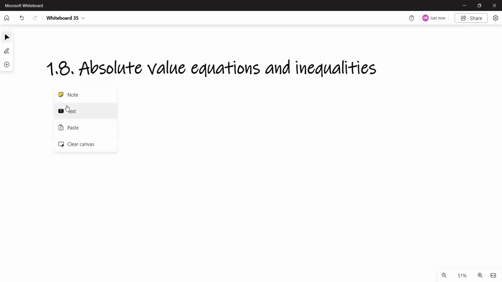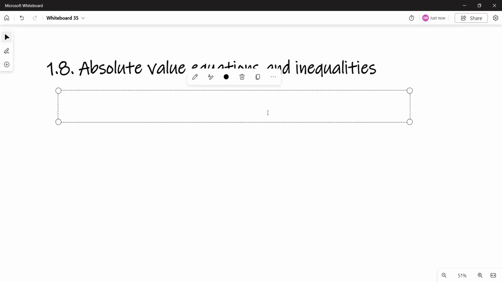And in general, if A is positive, then the absolute value equation, absolute value of x equals A, has two solutions.